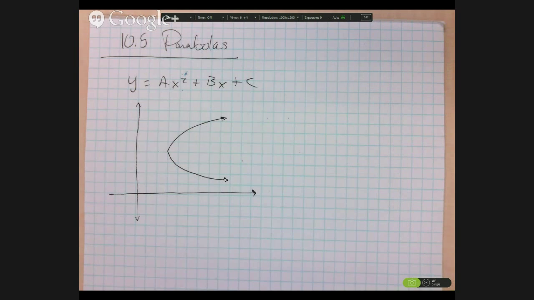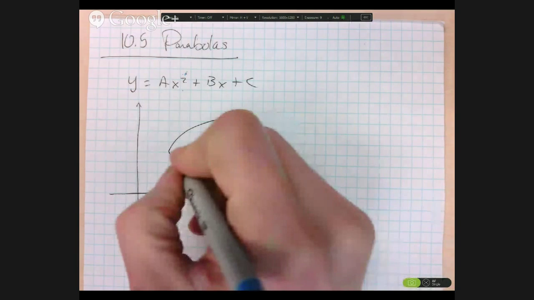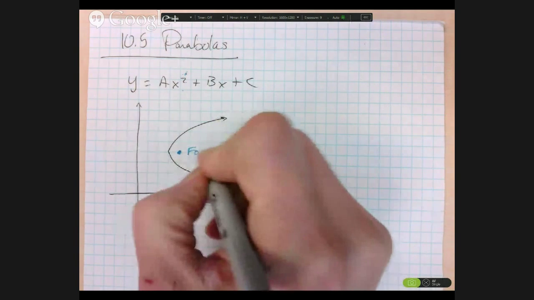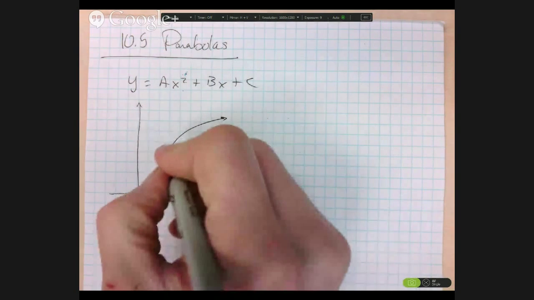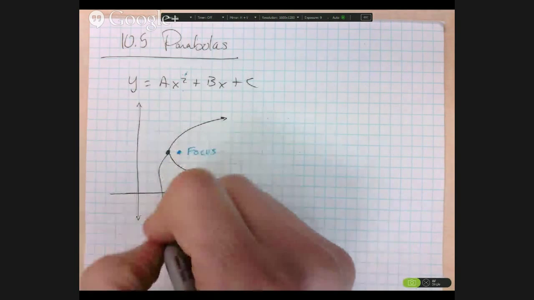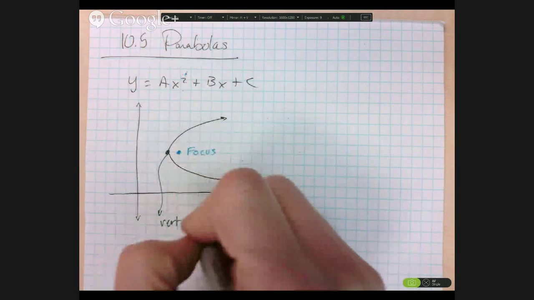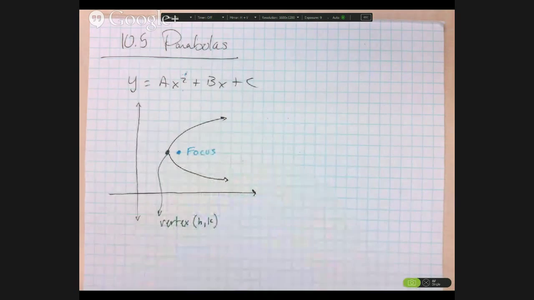Let's see, where do we start? Let's start with the focus. We're going to start with the vertex, actually. The vertex is (h, k), just like everything else, the center, so the foci, etc. So the vertex is the center, quote unquote, of the parabola.